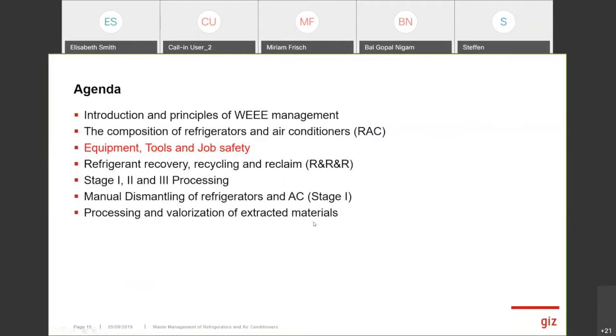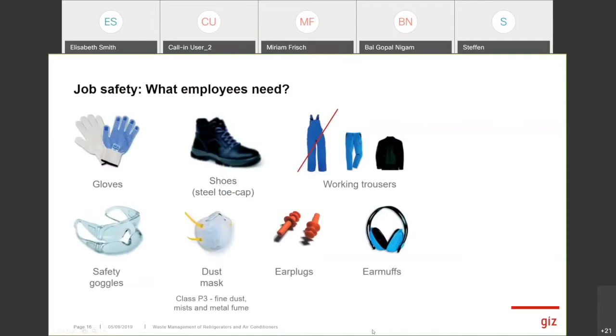Well, then we are again on our agenda, and we come to our point 3, equipment, tools, and job safety. For job safety, very basically important issues are the protection of workers, so occupational health and safety: gloves, shoes, working trousers, safety gloves, and dust mask are very important.